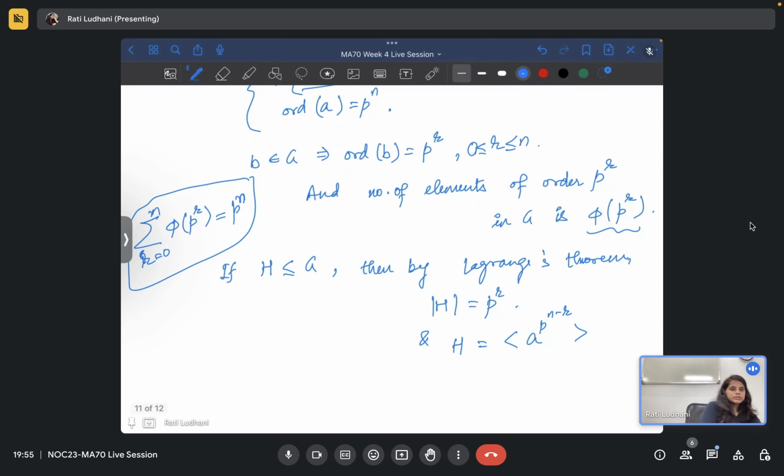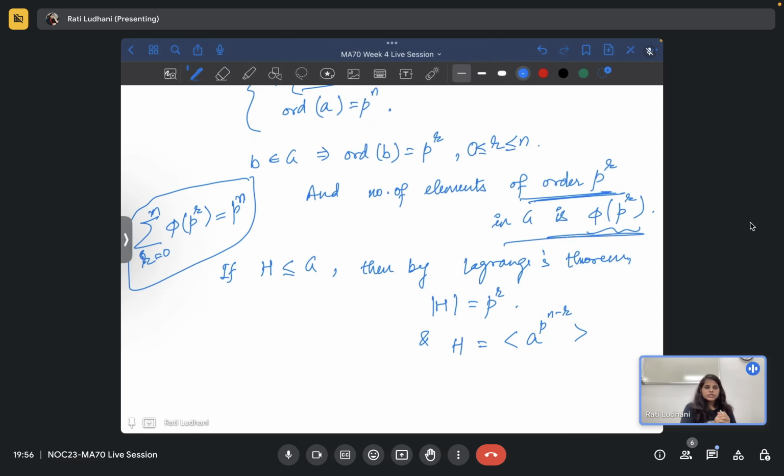So any subgroup of a cyclic group will be generated by some element, which will again be cyclic. And now in any cyclic group, the number of elements of order p raised to power r will be phi of p raised to power r. Now you have these many elements only.